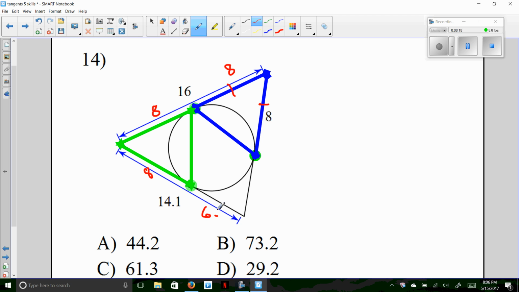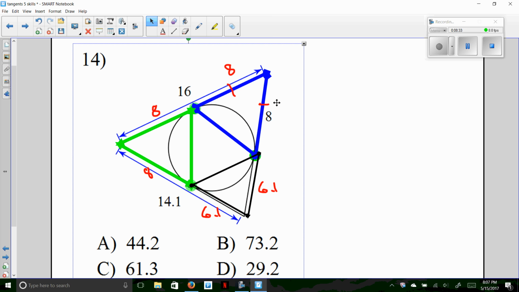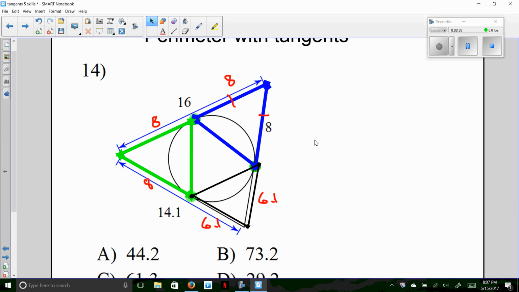So what do I do with the 14? I continue to work these isosceles triangles here. If that's a 14, this is a 14, and then I use this 22.2 and get 8.2, because 8.2 plus 14 is 22.2.